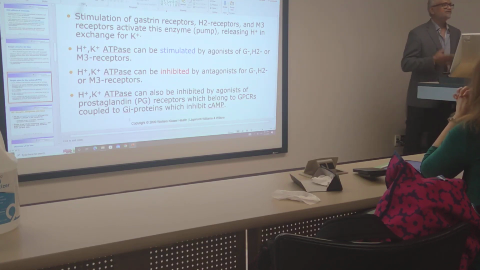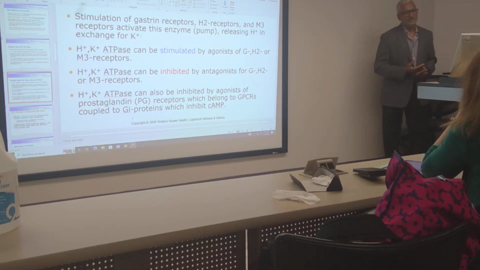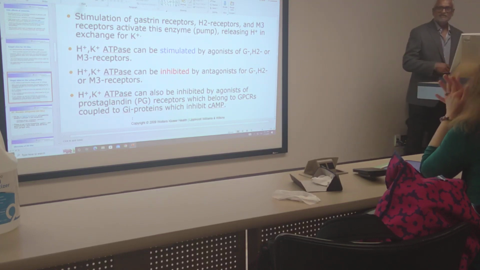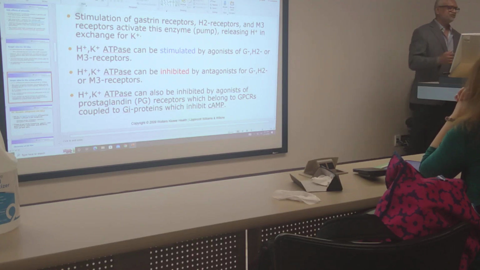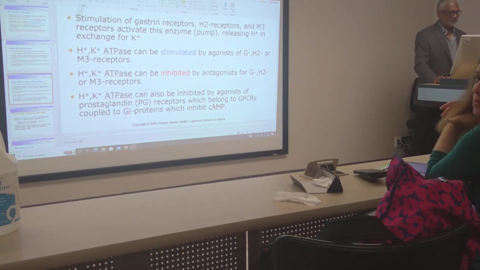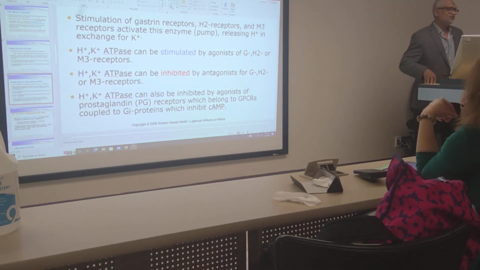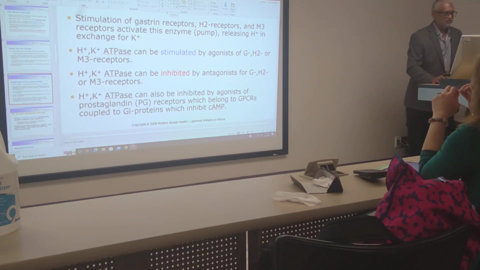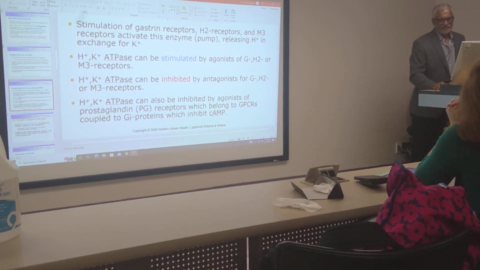The prostaglandins activate their specific GPCRs, which are coupled to Gi protein, which will inhibit cyclic AMP production. So the pathway is opposite to H2 receptor activation. Okay? That's the natural way we control acid secretion in our stomach, as I mentioned earlier.